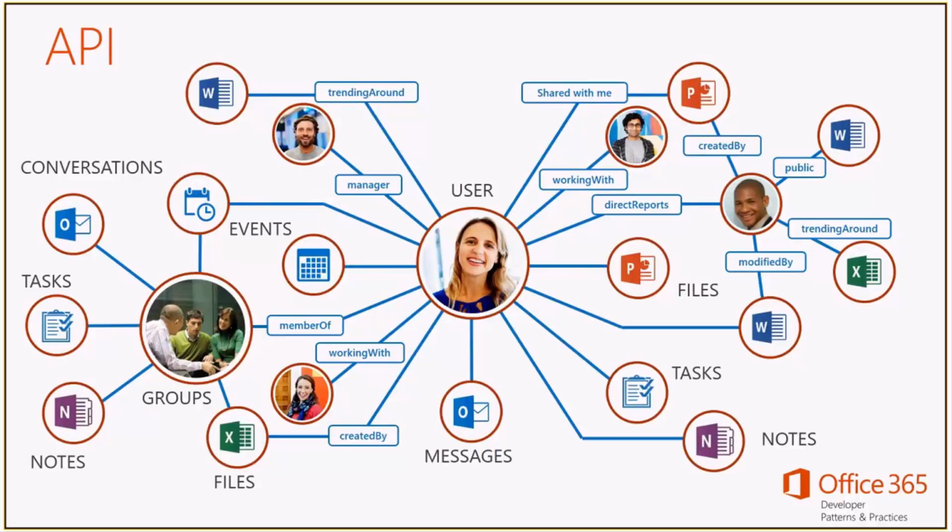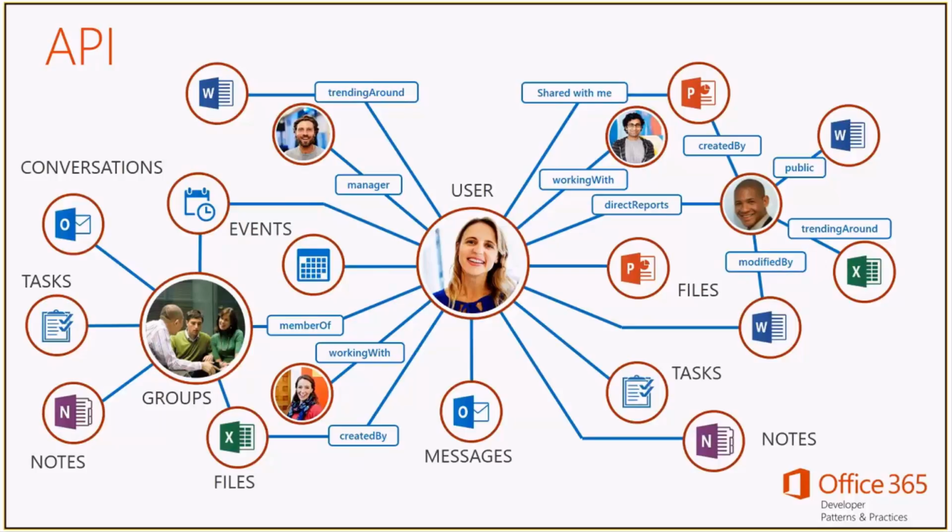We have the me user and all the other users in the tenant, and through the graph we can go through all of the related objects like people managing someone else, people working with someone, documents, calendar, contacts of specific users. So we can really say that it is a set of user-centric APIs, which allow us to go through the graph of entities really easily and using a fluent approach in order to consume all of the services which are right now available in the offering of Office 365.